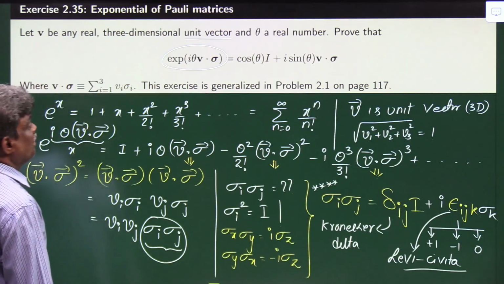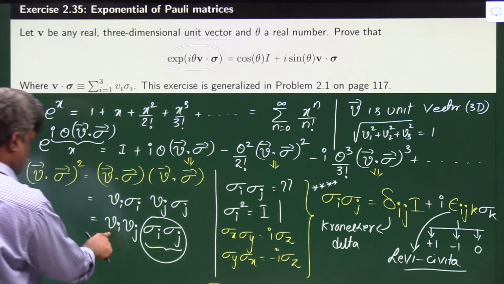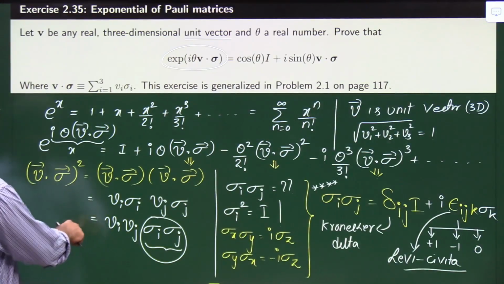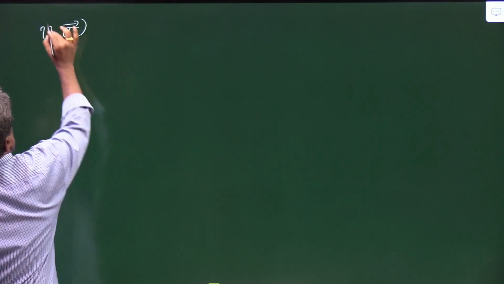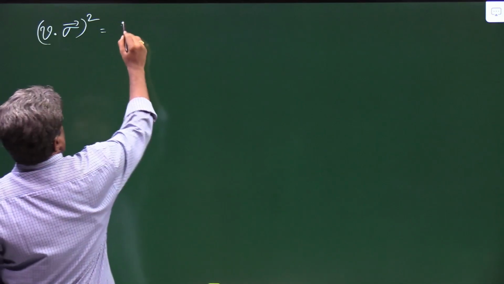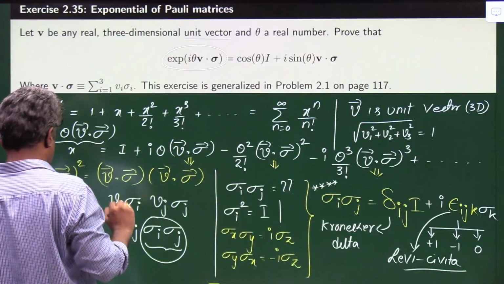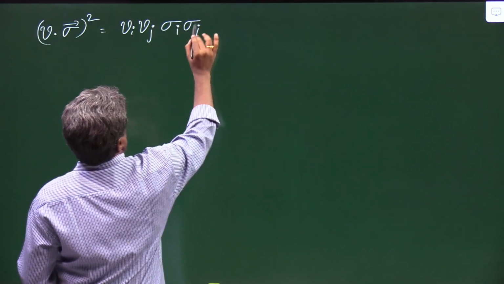That's good. Okay, so now again I am taking this (v̄·σ) whole square that I am finding; whole power 1 there is no need to find. So finally here we got v_i v_j σ_i σ_j.